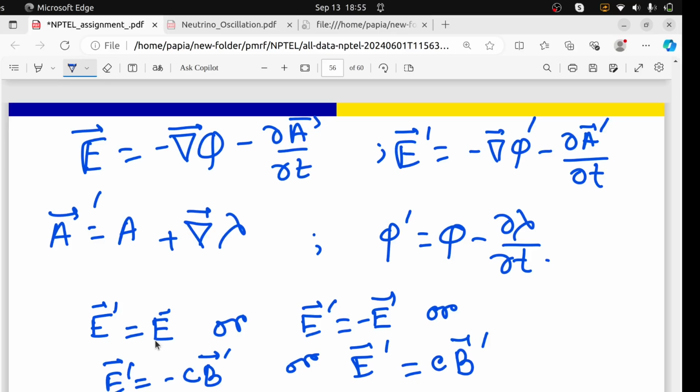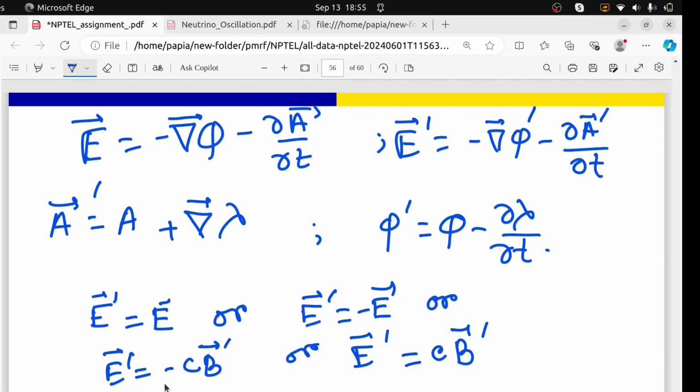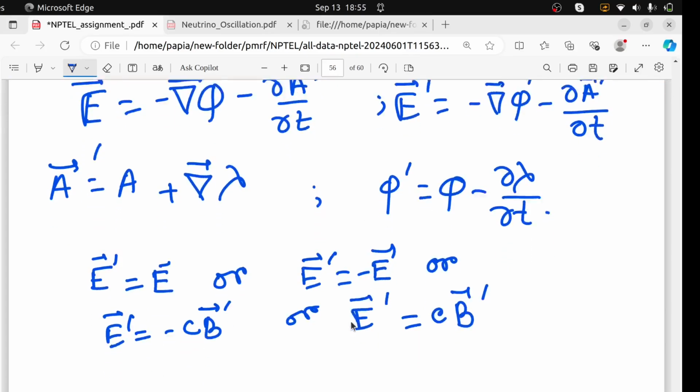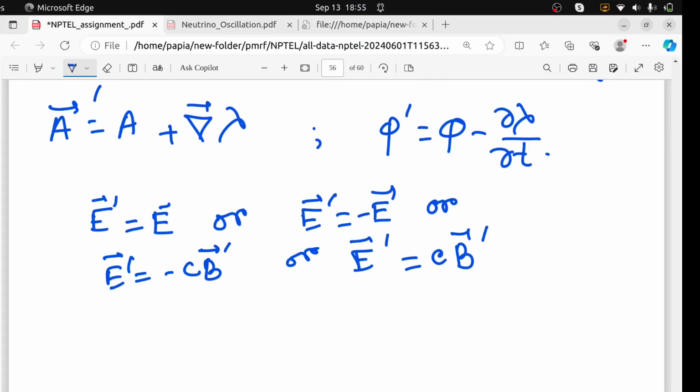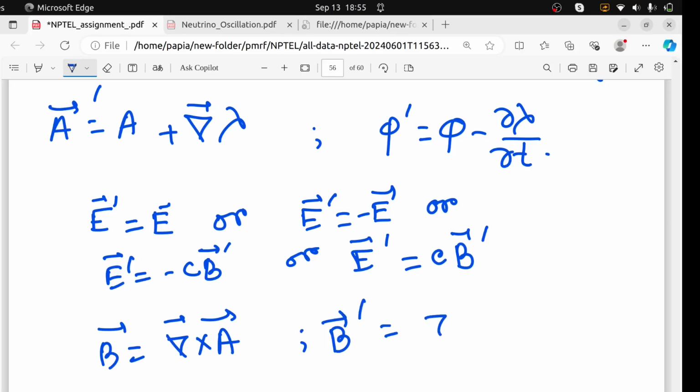Here, first of all, E prime is all given, so we have to calculate straightforwardly. But what is B here? B is not given till now. B is nothing but curl of A. So if I want to write B prime, that means curl of A prime.